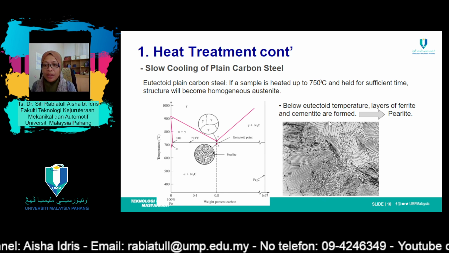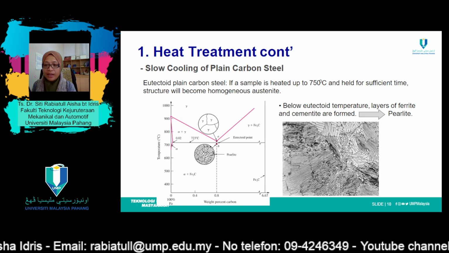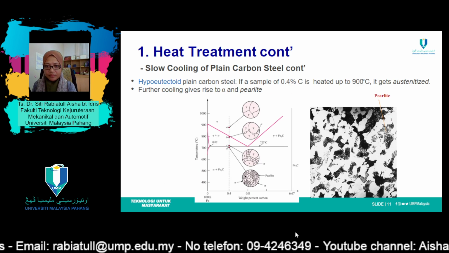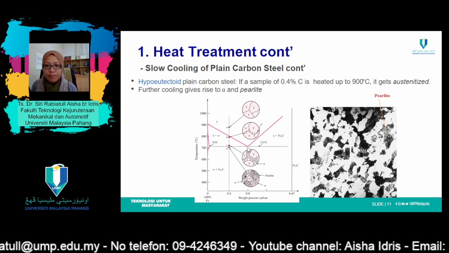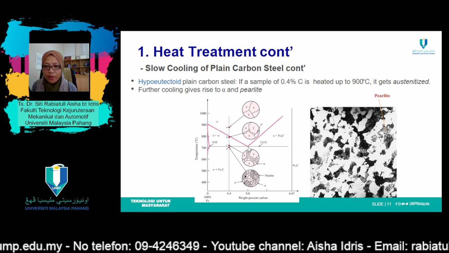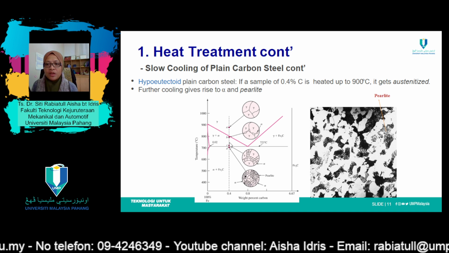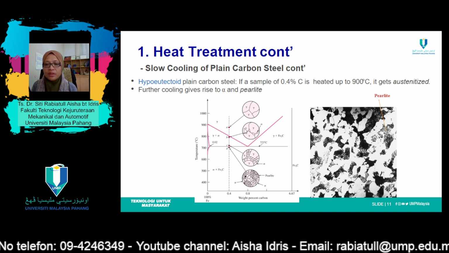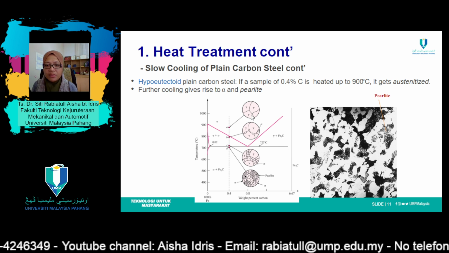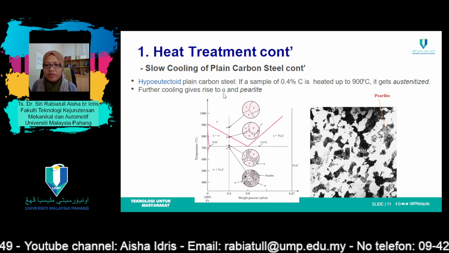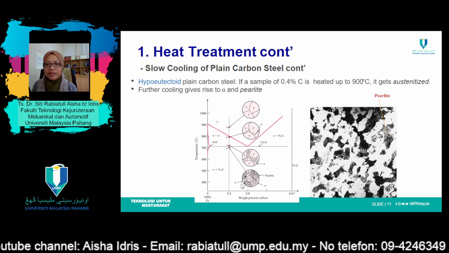And this is the microstructure for pearlite. And for hypoeutectoid, which is before the eutectoid point here, when we slowly cool the steel, the microstructure changes into alpha ferrite and pearlite.